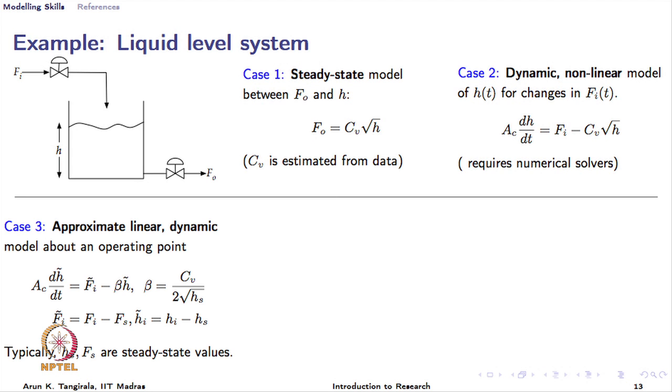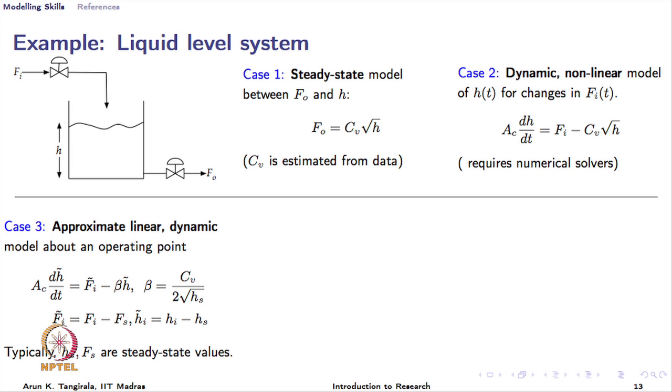Now, what I could also do in order to have an analytical solution, I could approximate this nonlinear model with a linear one, assuming that the changes in the inlet flow are not going to be too wild, and therefore I can think of a linear relationship between the liquid level and the inlet flow, a fairly reasonable assumption under many conditions in many situations.